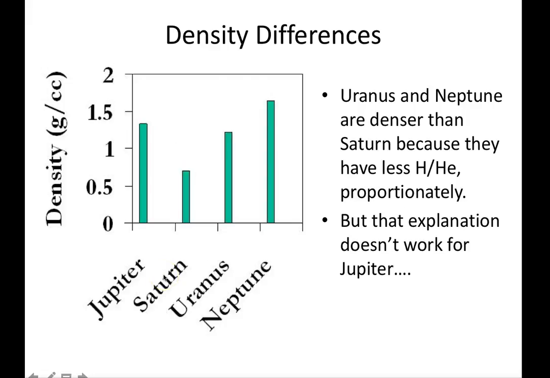Now if you look at the overall density of these planets, as we saw before, they are rather fluffy, and if you had a bathtub big enough, Saturn would float. It's similar for Jupiter and Uranus. If you put them on the ocean, they may float.